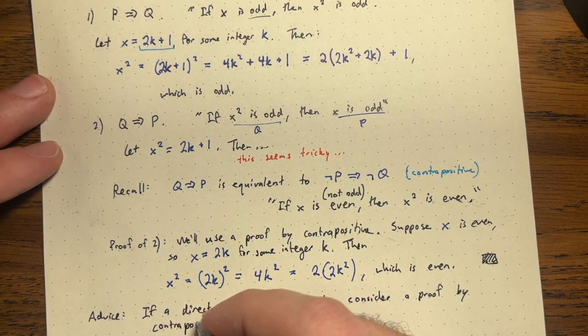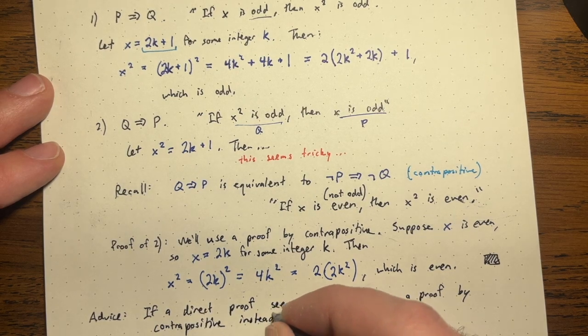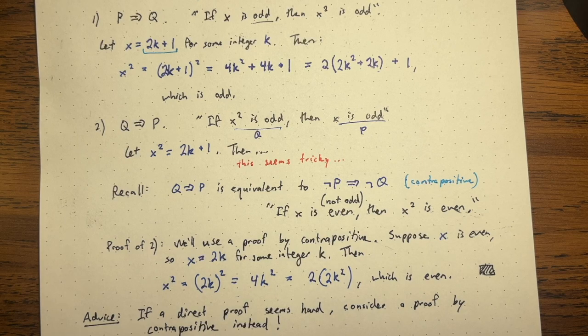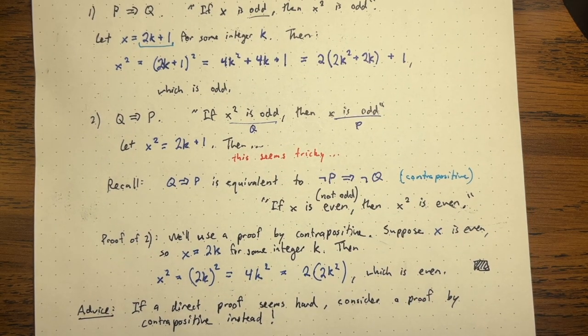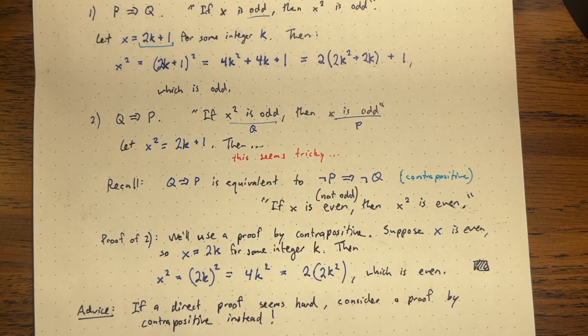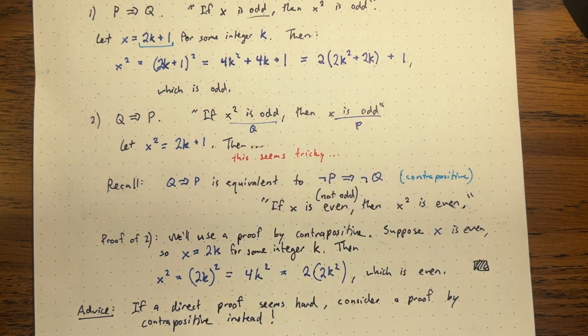It often just makes it easier to think about in certain cases. Some cases it makes it harder to think about. So I would try a direct proof first. If it seems hard like it did here, you can try a proof by contrapositive. And it's exactly equivalent to proving the original statement. Okay, I should end the video there.